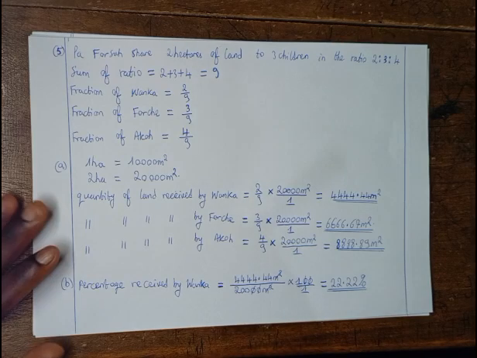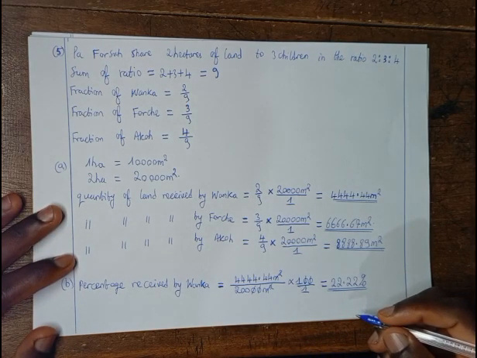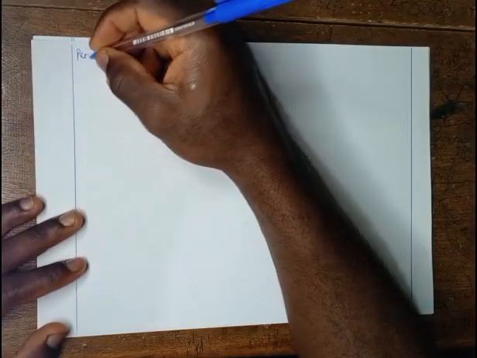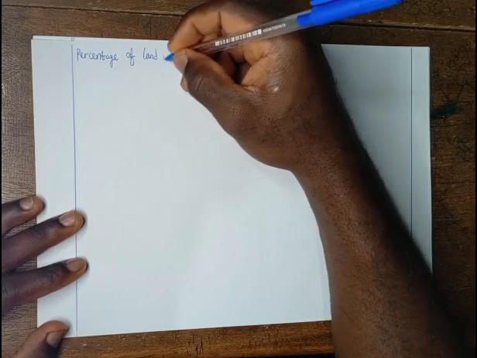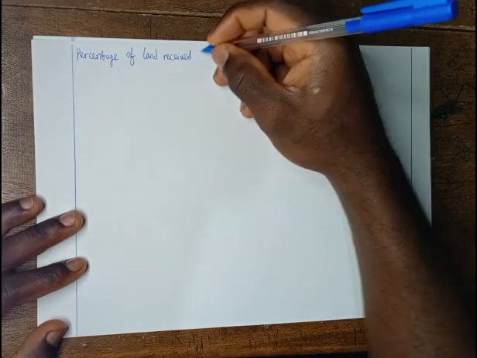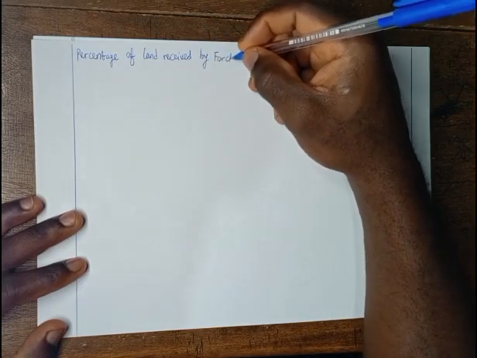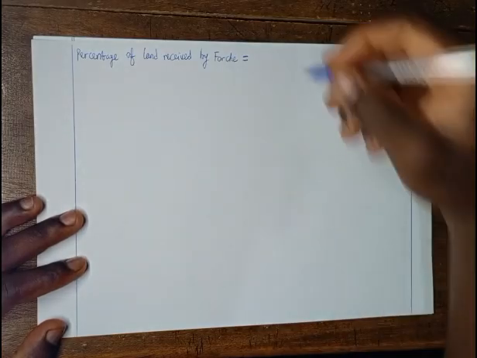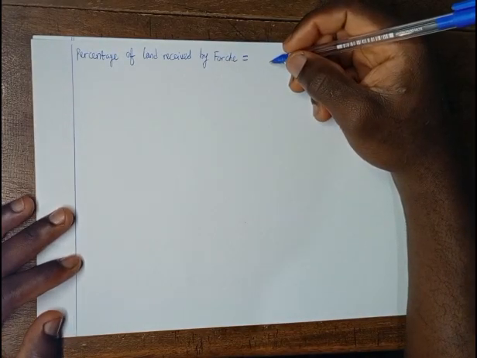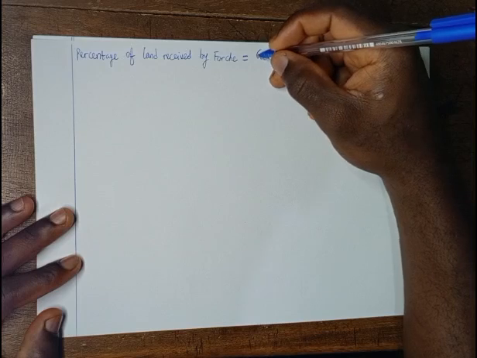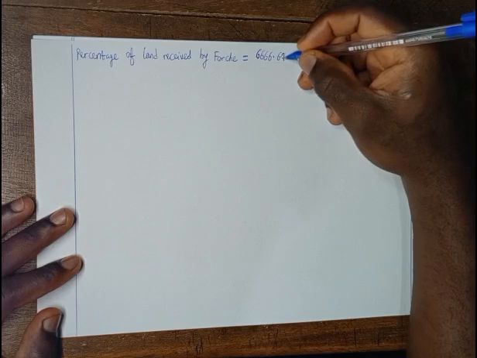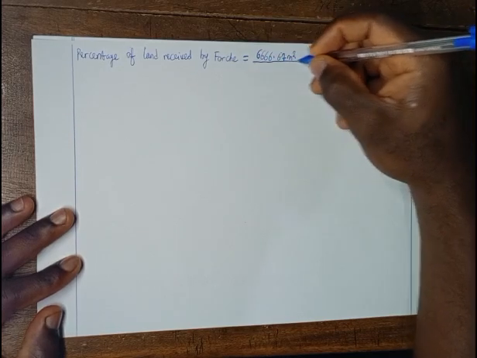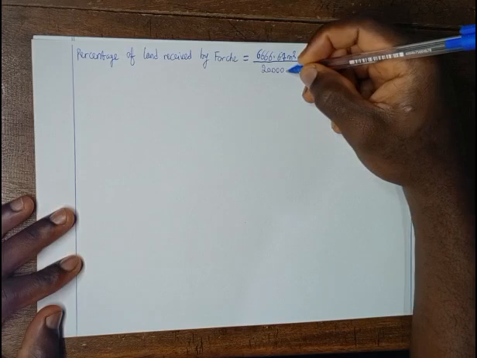Next, now we need the percentage of land received by Uche. Percentage of land received by Uche will simply be equal to, we are going to divide his own quantity of land received, which is 6,666.67 meters squared, by 20,000 meters squared.